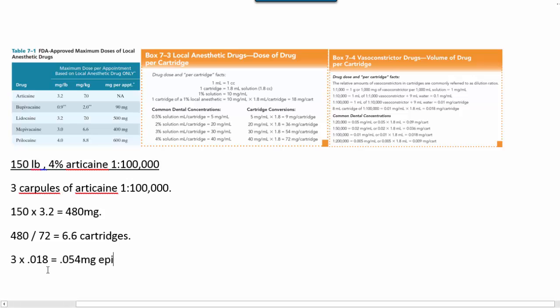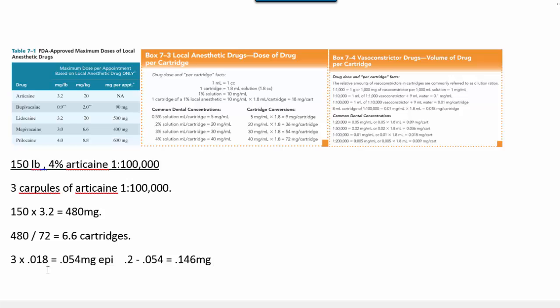The MRD for epinephrine on a healthy patient is 0.2 milligrams. So if he's already had 0.054 already, then let's subtract 0.2 minus 0.054, which is going to equal 0.146 milligrams left. So he can have 0.146 milligrams still before reaching his limit on epinephrine.